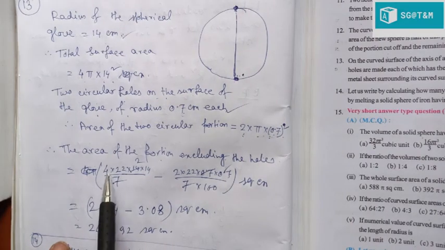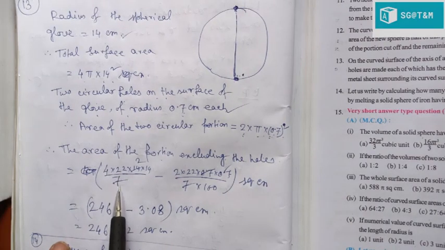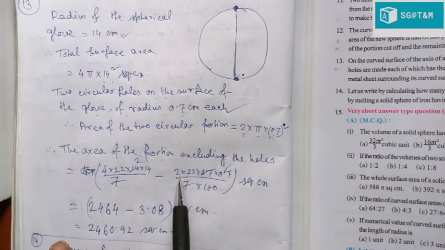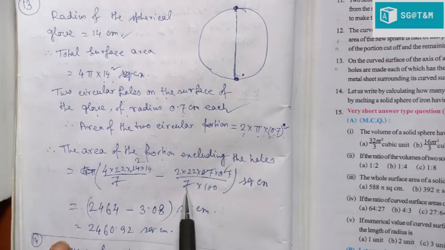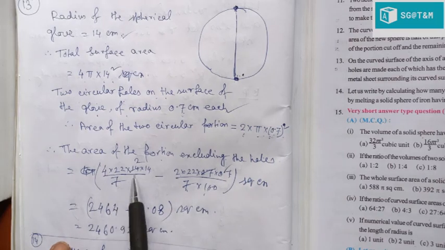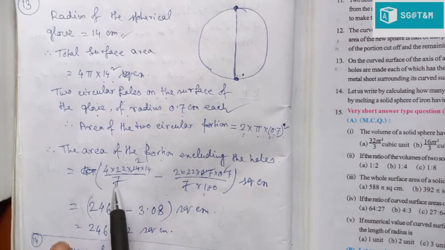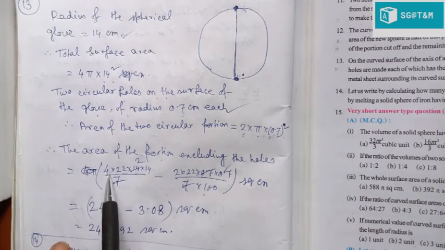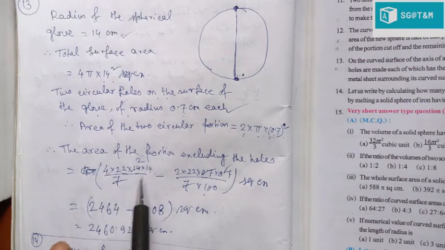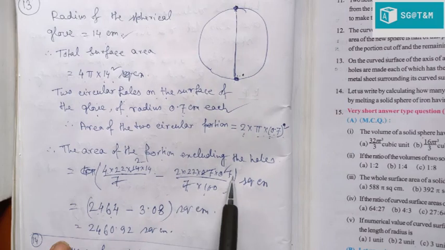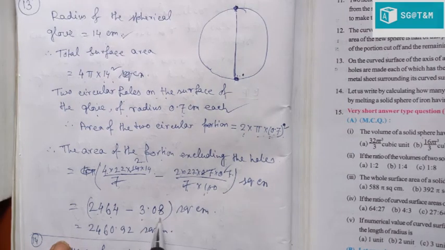Total area is 4 into 22 by 7 into 14 into 14, minus 2 into 22 by 7 into 0.7 into 0.7, converting 0.7 into 7 by 10 each, so 7 into 7 by 100. Multiplying, 7 and 7 cancel out, and 14 cut 2. So this is 4 into 22 into 2 into 14, that is 2464, and this is 2 into 22 into 7 by 100, which is 3.08.